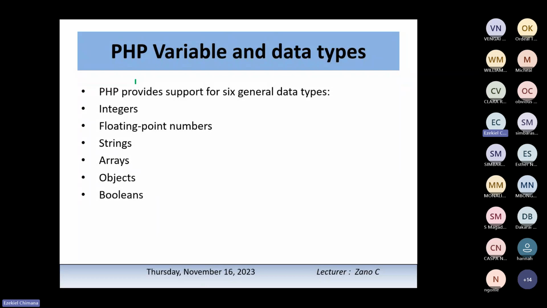So PHP provides support for six general data types: integers, floating point numbers, strings, arrays, objects, and booleans. These are the data types that we have in PHP. I'm sure you are well versed with these words. Integers, floating point numbers, those with decimal points, the doubles. And then strings, just a collection of characters.